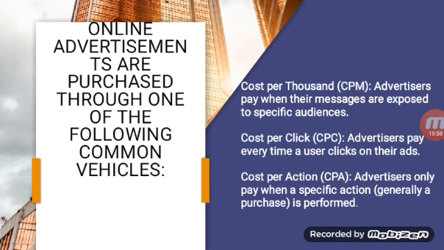Okay, so CPM makes the most sense for a campaign focused on increasing brand awareness, or if you just want to deliver a specific message of your business. So that's why cost per thousand is based on the click-through rate.